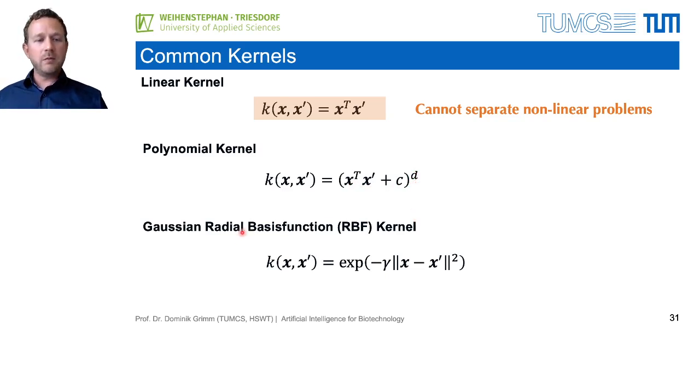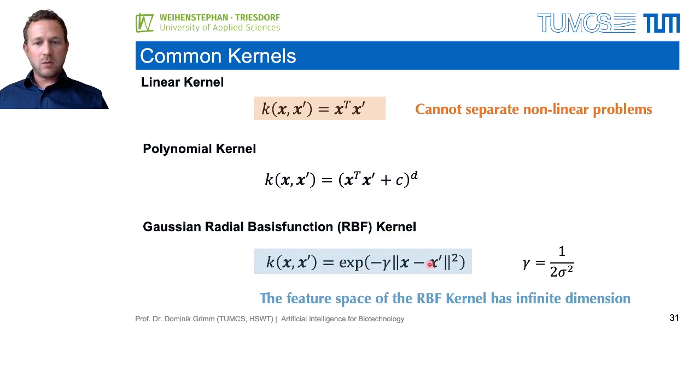And here we have the so-called Gaussian radial basis function kernel, or short RBF kernel. That's nothing else than a Gaussian, a normal distribution, in a higher dimensional space. The interesting thing about this RBF kernel is that its feature space has infinite dimensions.